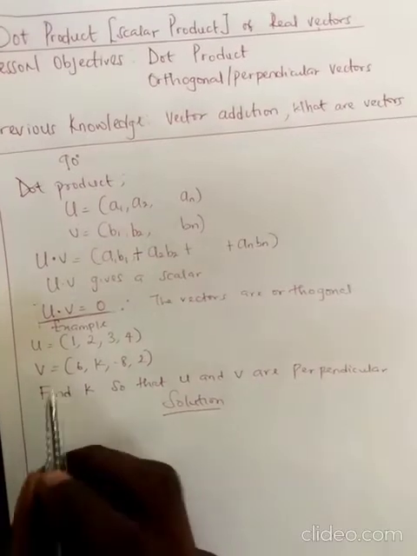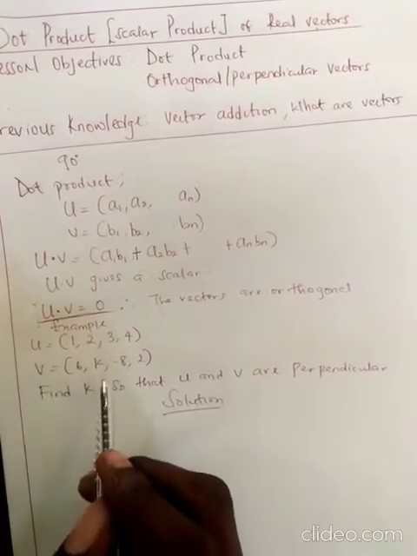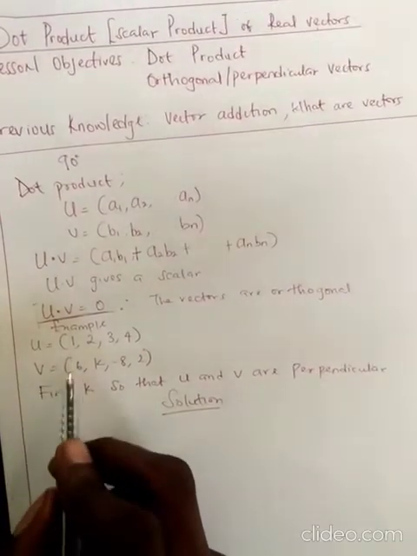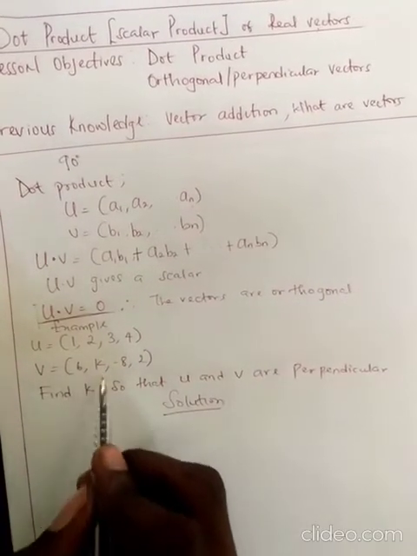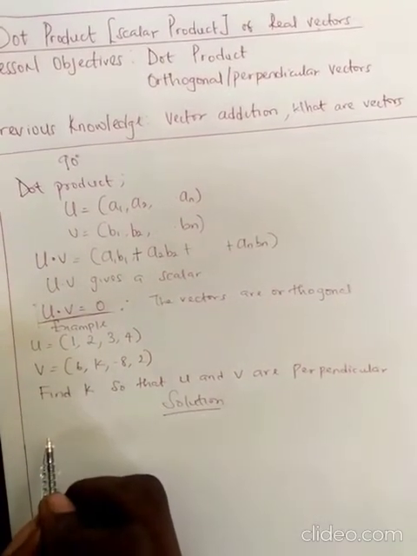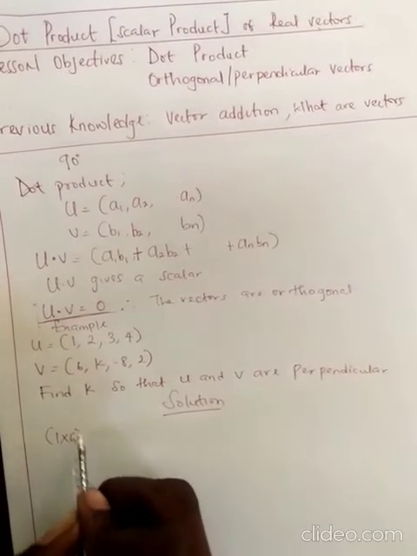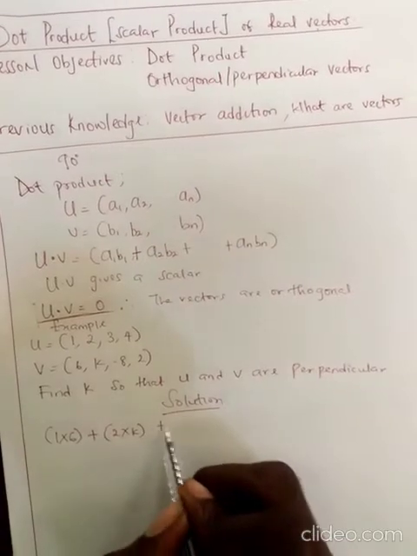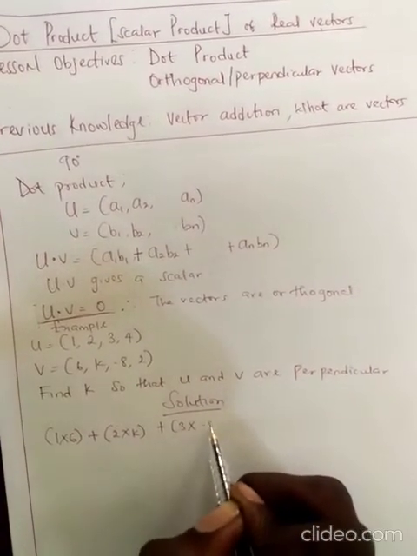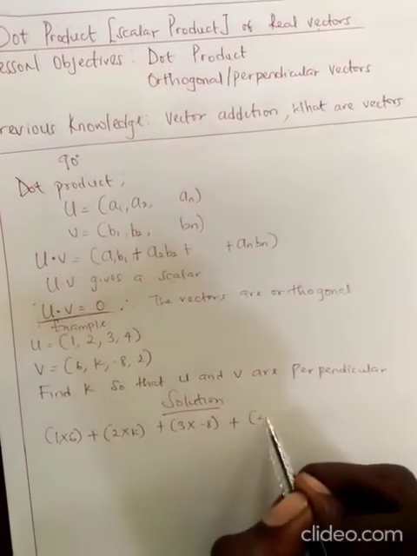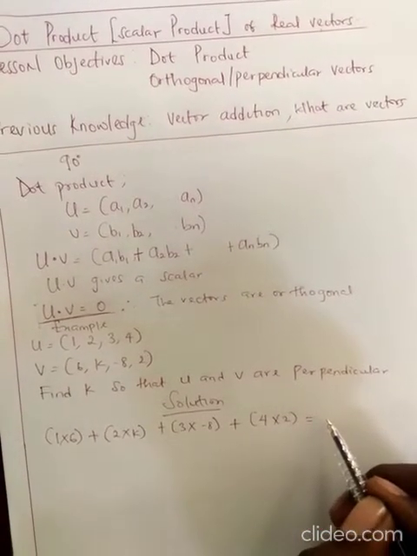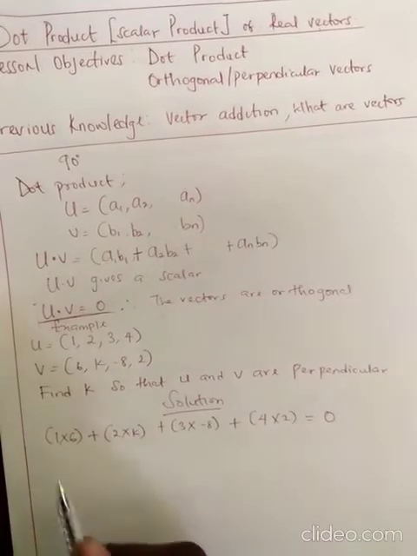To find k, we have to find their dot product, multiplying the corresponding elements together. So I have 1 times 6 plus 2 times k plus 3 times minus 8 plus 4 times 2, which is equal to 0, because the vectors are perpendicular.